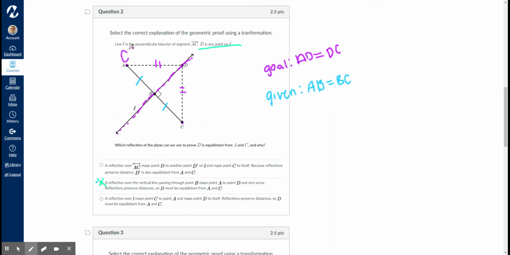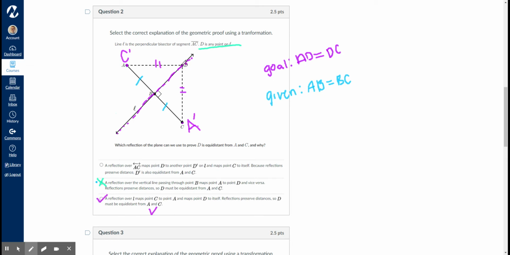So C prime comes over here, A prime comes over here, A prime over there, and we can see since C prime landed where A was, the distance from D to A must be the distance from D to C. So that does make sense, right?